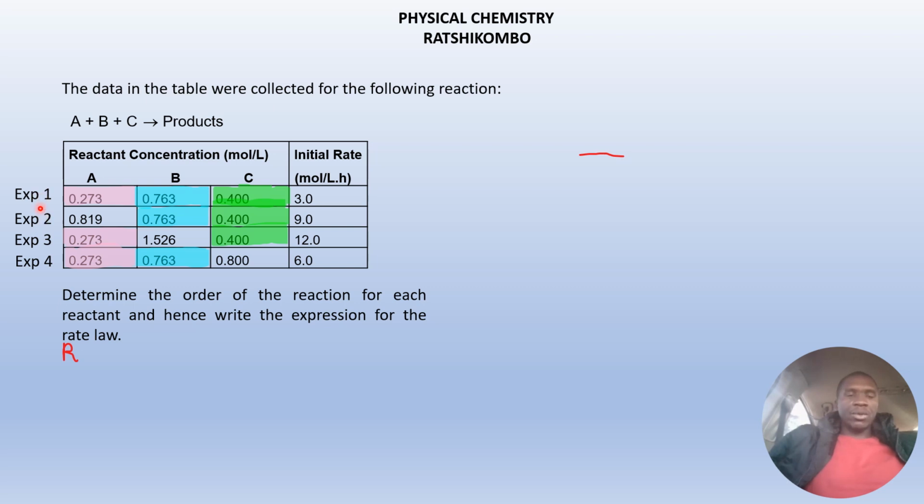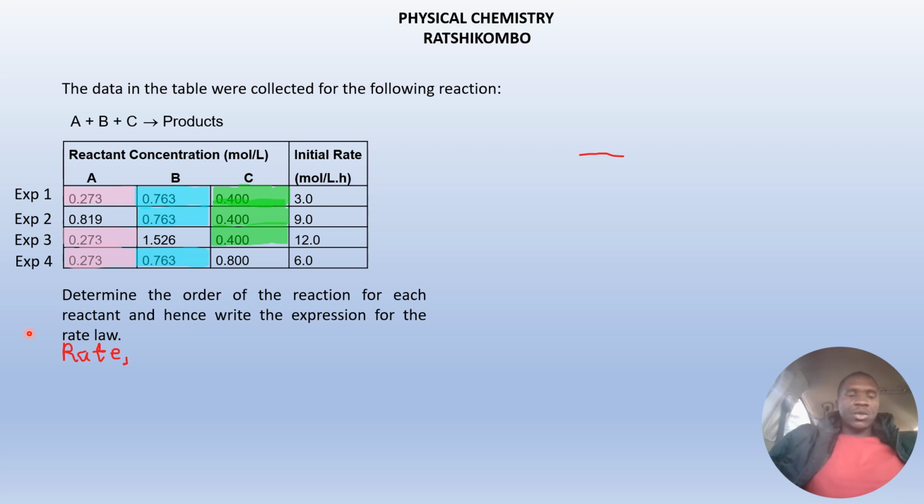How is it going to look? Let's start with the rate for experiment 1. Just because B and C do not change, they are constant, but A is the one that is changing. For experiments 1 and 2, we can say rate. Let's write rate.